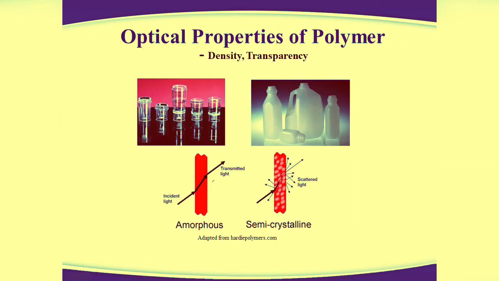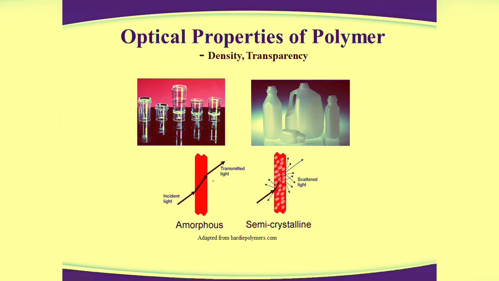Optical properties of polymer are very important for consumer goods like glasses, water bottle, packaging film, etc. Optical properties of polymer can be controlled by product manufacturing processes because during the process we can select a condition to have a fully amorphous or a semi-crystalline polymer.